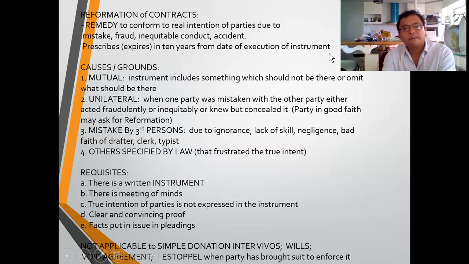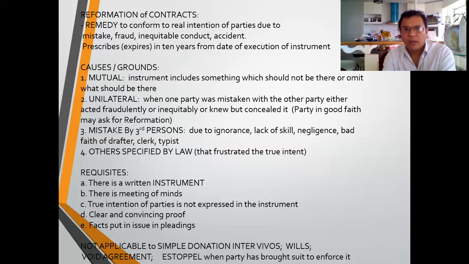Okay. So there are grounds which will validate the remedy. If it's mutual, then the instrument includes something which should not be there, or omits something. If it's unilateral, then one party was mistaken while the other party either acted fraudulently or inequitably, or knew but concealed it.